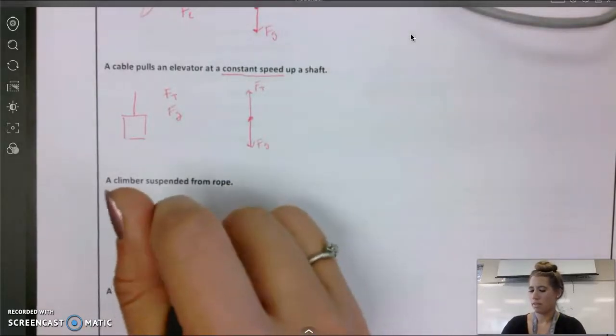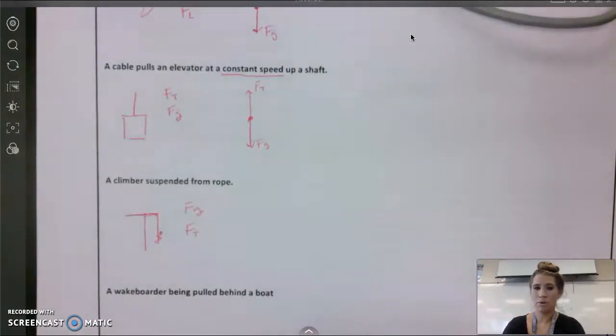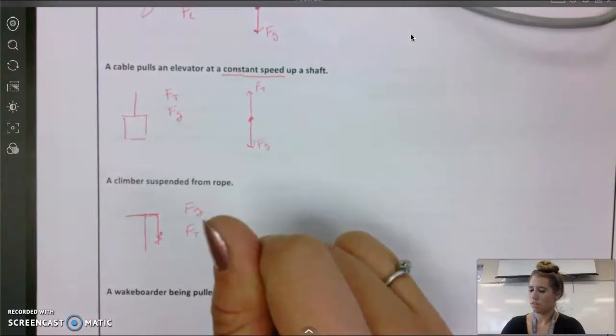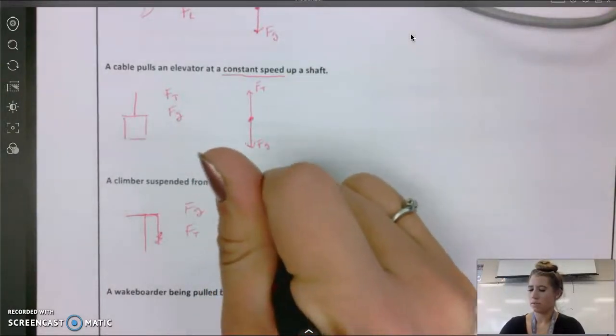We have force due to gravity, and tension of the rope. Force due to gravity and tension from the rope are equal and opposite.